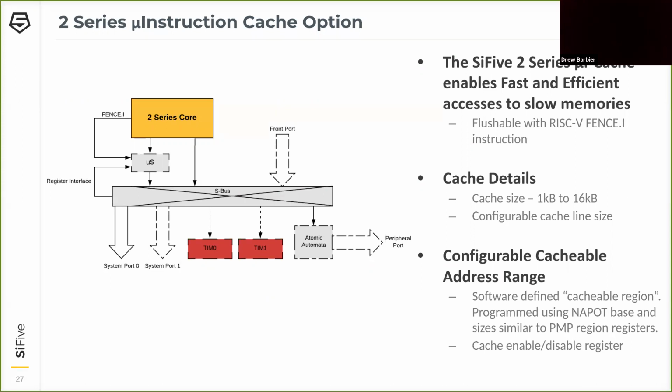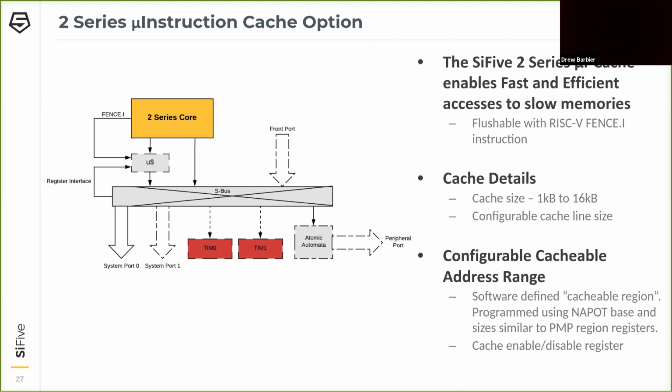So the instruction cache itself is configurable in the cache line and the cache size. So we allow you to pick from 1 to 16K cache size, and the line size as well is configurable from a 32-byte line to a 64-byte line.